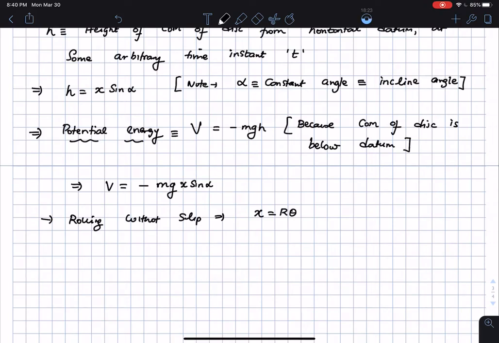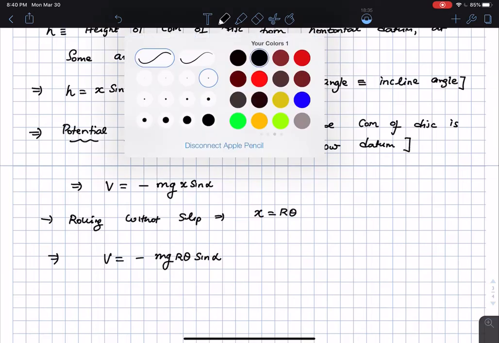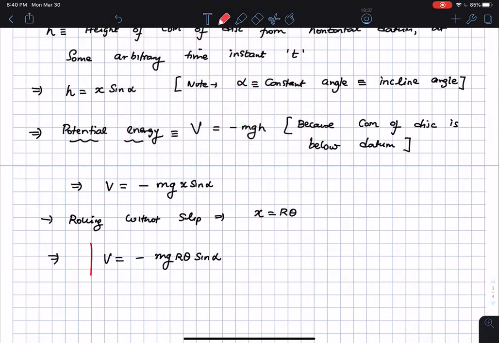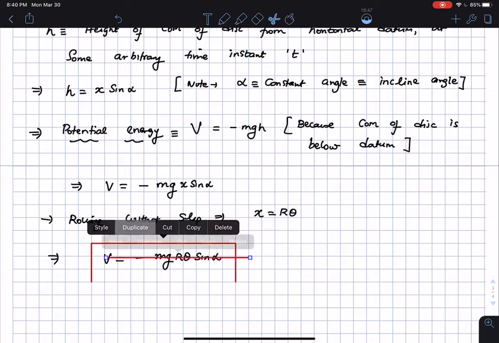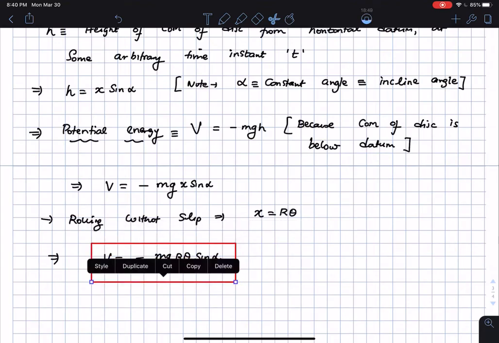Now the potential energy is minus mg R theta times sine alpha. Let me box this up. We are pretty much done with the potential energy. All we have to do is find the kinetic energy and then write the Lagrangian formulation.